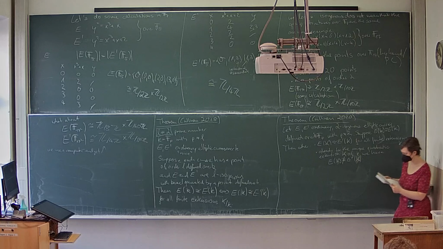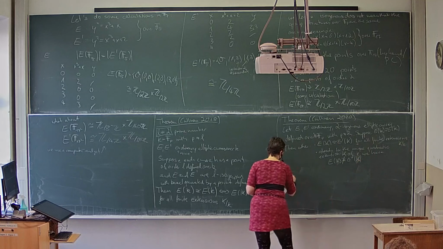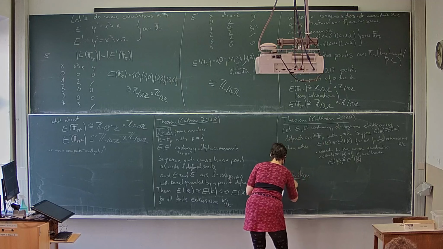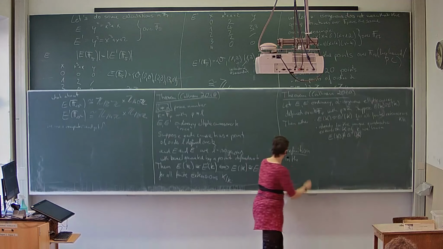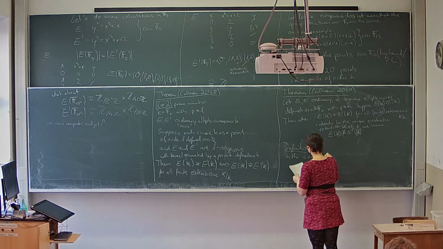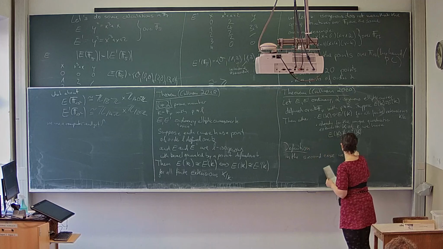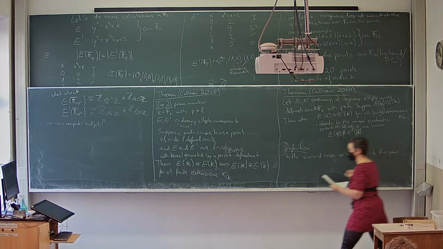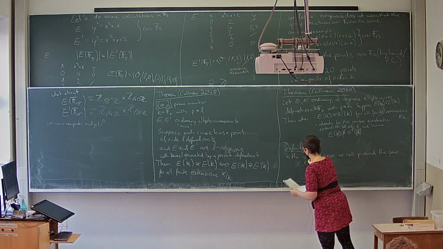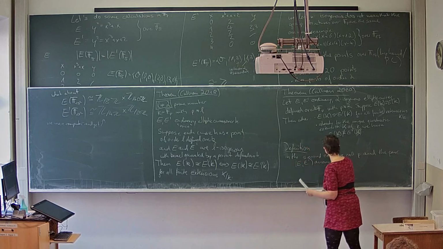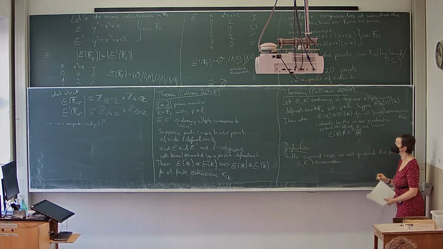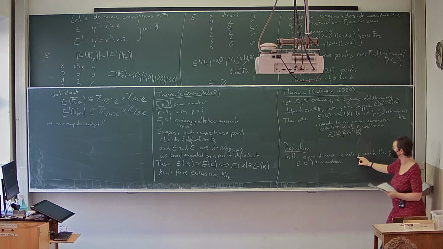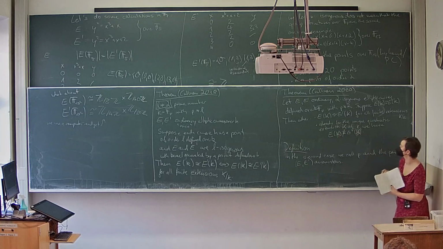We give this a name. So in the second case, where we don't have an isomorphism for any extension, we call p, or also the pair of E and E prime, anomalous.